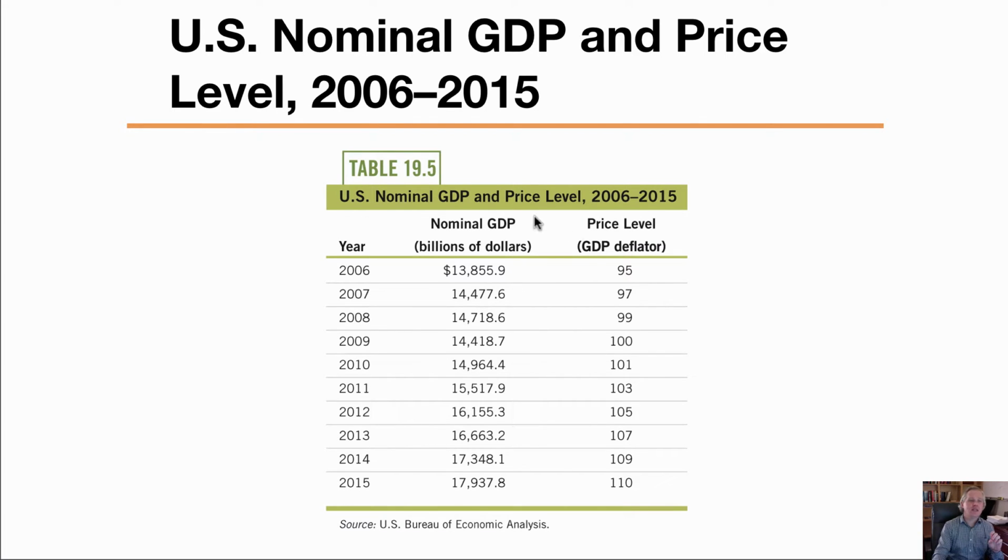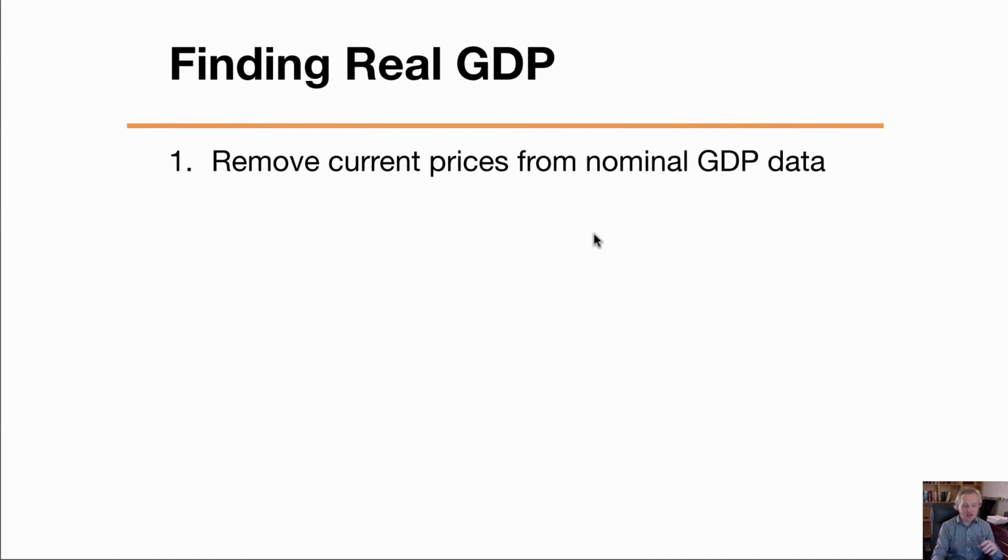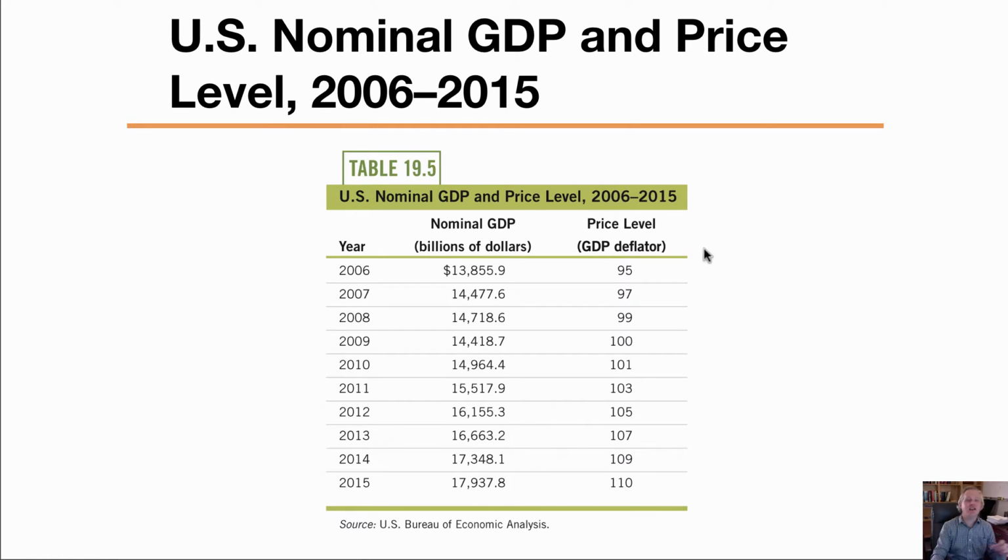So here we can see one of those tables that gives us the nominal GDP, and then someone has calculated for us the GDP deflator. If you're wanting to convert between years, and we're going to do some examples in a second, you can use this GDP deflator to convert, say, 2007 dollars to 2008 dollars, or the growth. If I want to know the growth rate between 2007 and 2008, I want to account for the fact that the price level changed between those two years.